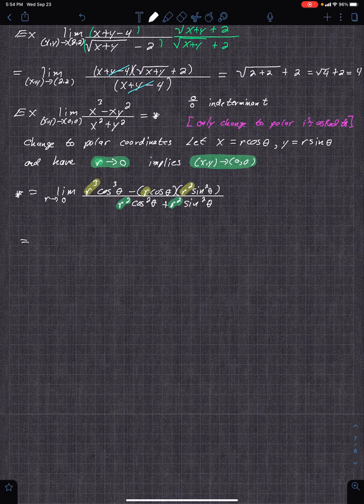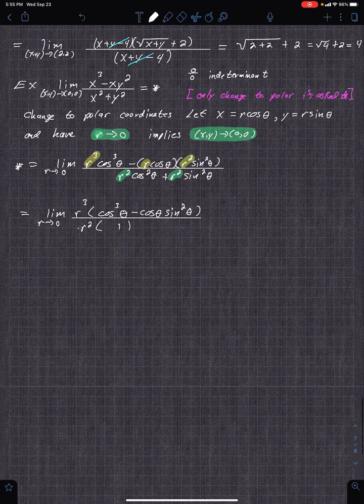So this is equal to the limit as r approaches 0 of r cubed times cosine cubed theta minus cosine theta sine squared theta, all over r squared. And that'll just be 1, which is kind of important to have it simplify.